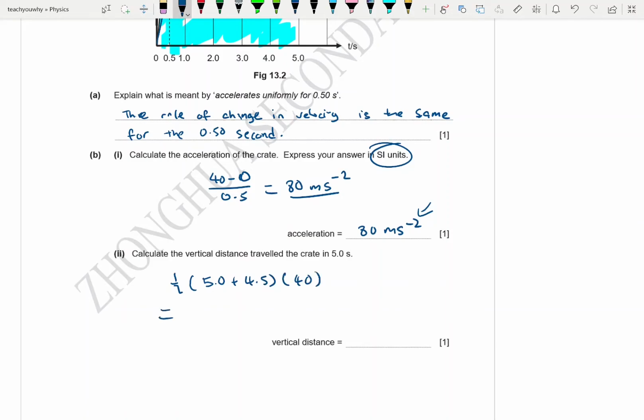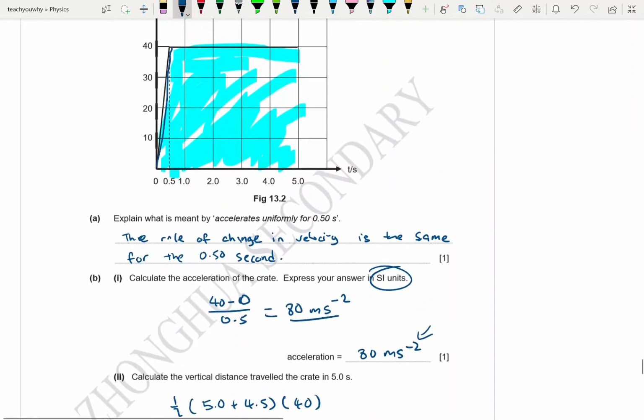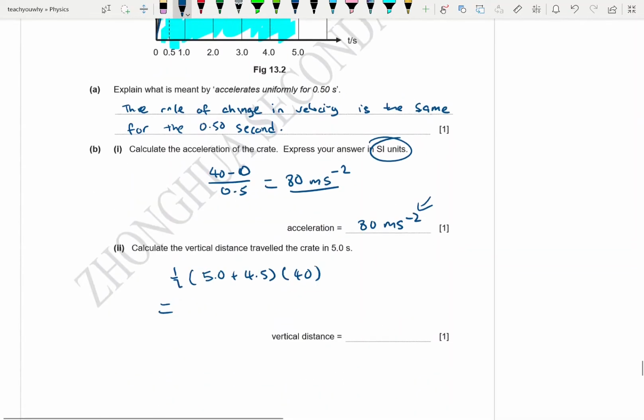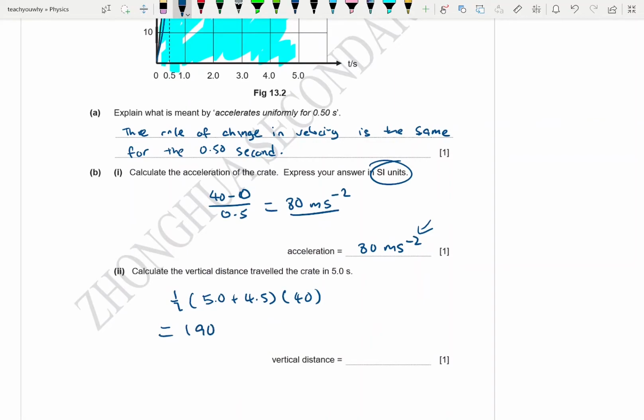So you get 190 cm. Okay, I made a mistake here.